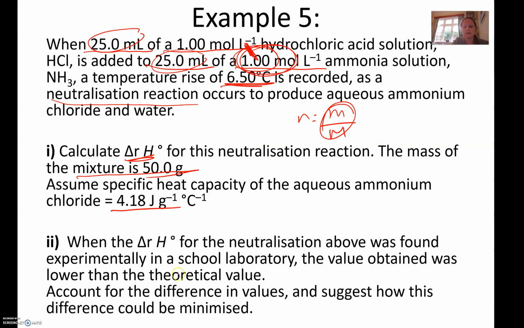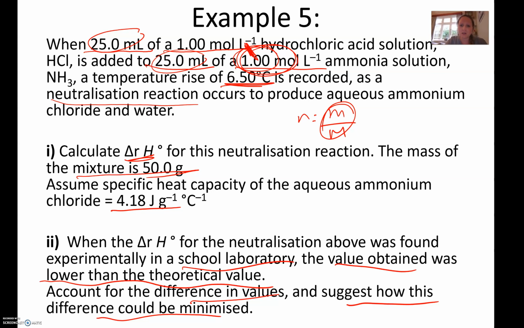Now if we go back, the second part of the question says that when the enthalpy of reaction was found experimentally in a school lab, the value obtained was lower than the theoretical value. Account for the difference in values, and suggest how this could be minimized. So remember, we've already spoken about this. The first reason as to why any value is lower is because some heat is lost to the surroundings.